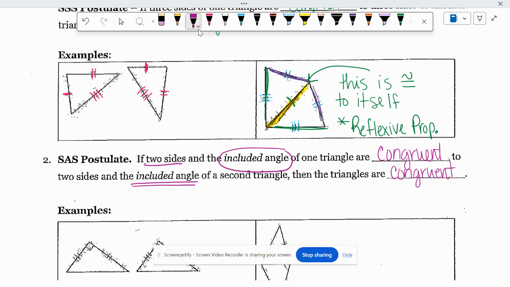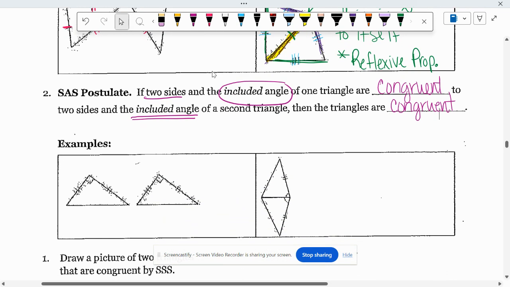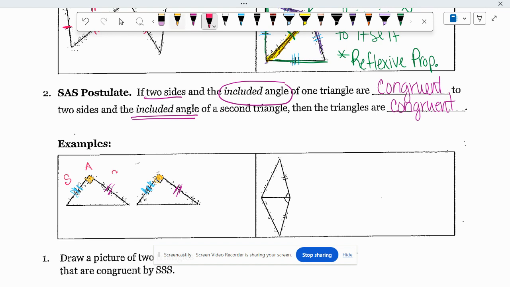Okay, so here is an example. I have this side with 3 marks on it, corresponds to this side with 3 marks on it. This side has 2 marks on it. This side has 2 marks on it. This angle is a right angle and this angle is a right angle. So this is side, angle, side, corresponds to side, angle, side.